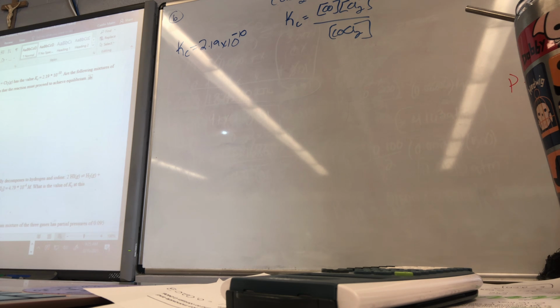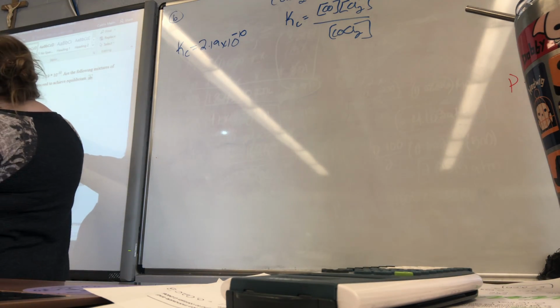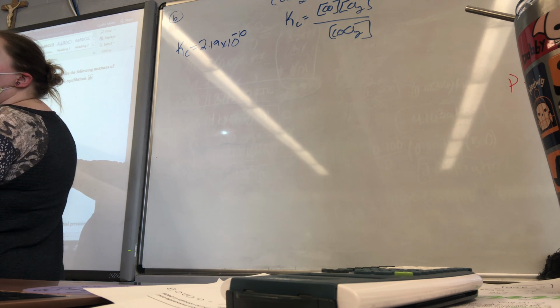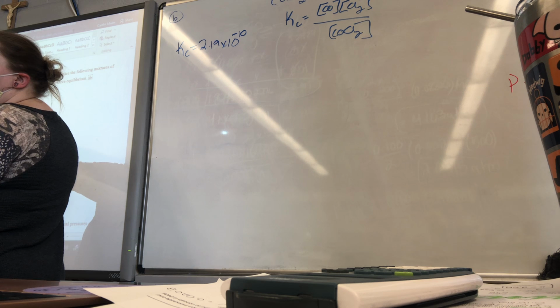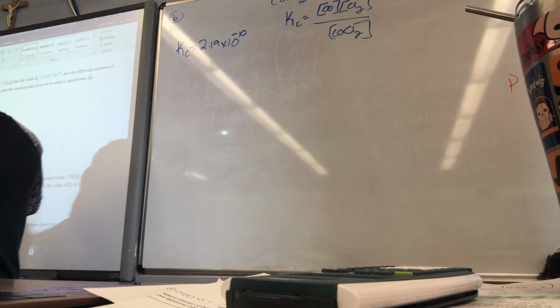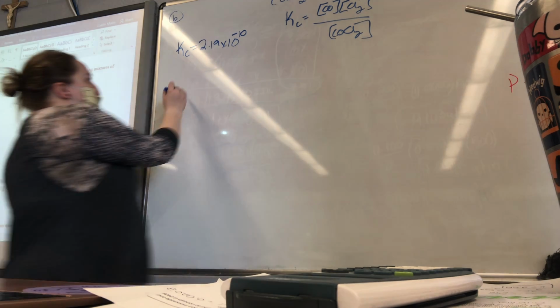Now, the next part of the reaction says, are these at equilibrium? If they are not, which direction do they need to go? If it asks you to indicate the direction it must proceed to reach equilibrium, it wants you to measure Q and compare it to K. So we're going to use the given concentrations and plug them into the equilibrium expression to get a Q value.